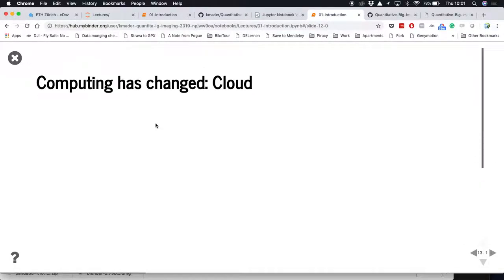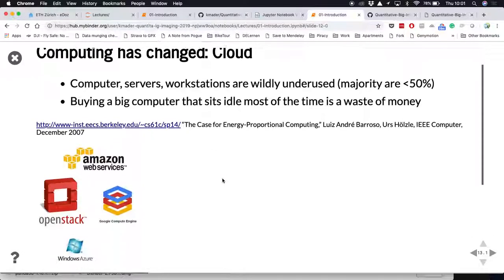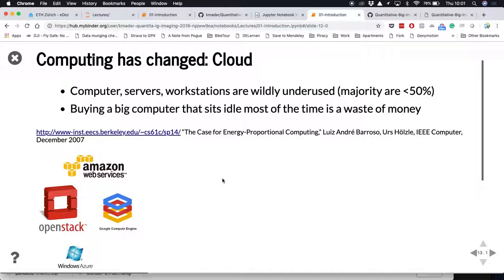And then computing has changed a bit in terms of cloud computing. We won't go too much into this, but Amazon, Microsoft, Switch, Google, all of these companies have cloud platforms, and it's become much, much cheaper to rent computers in the cloud than it is to set up a computer for yourself if you're not using it all the time.